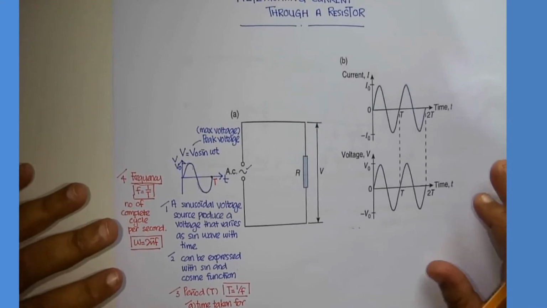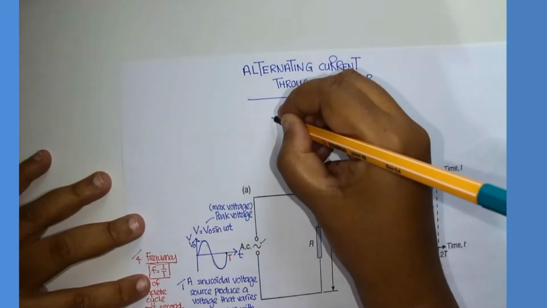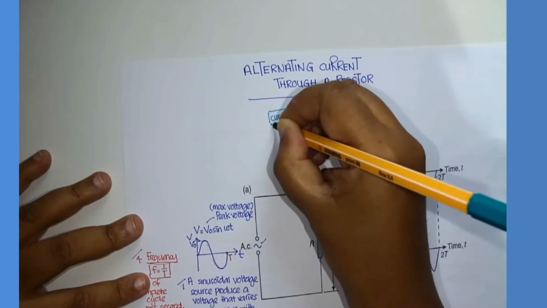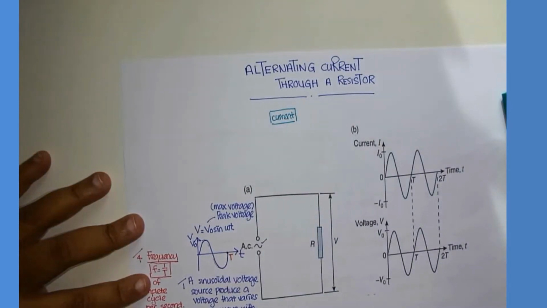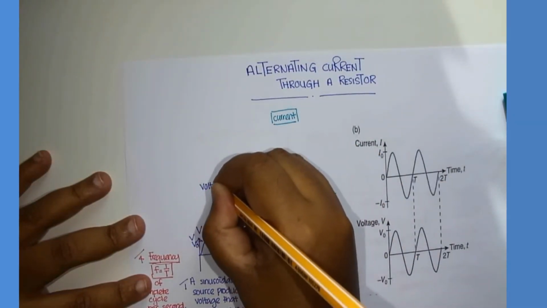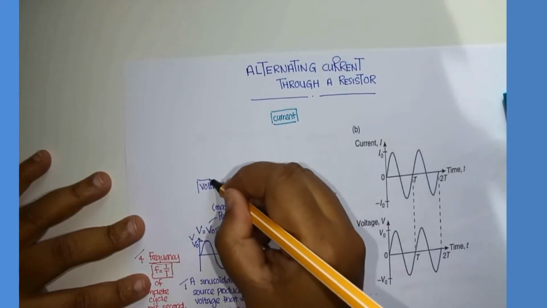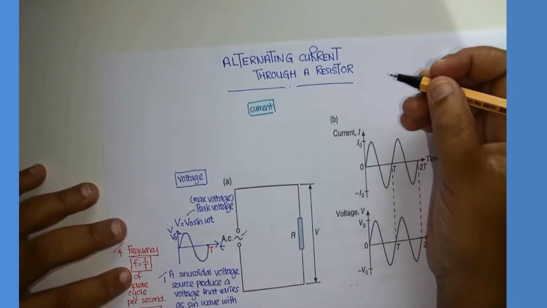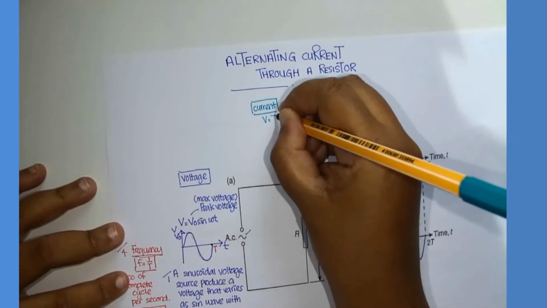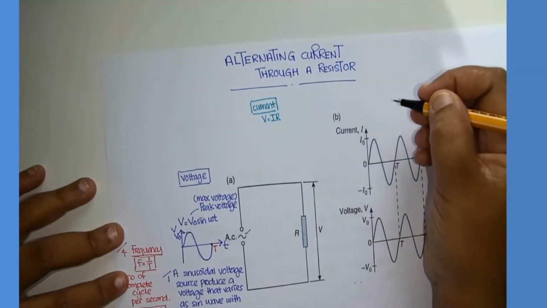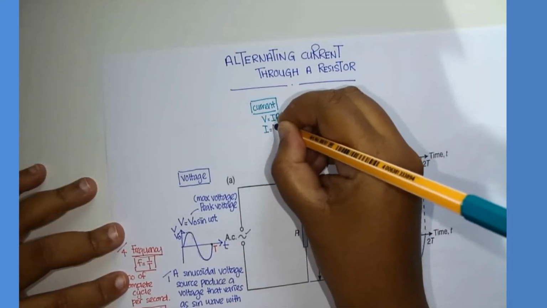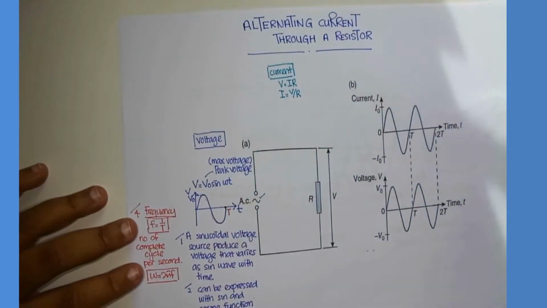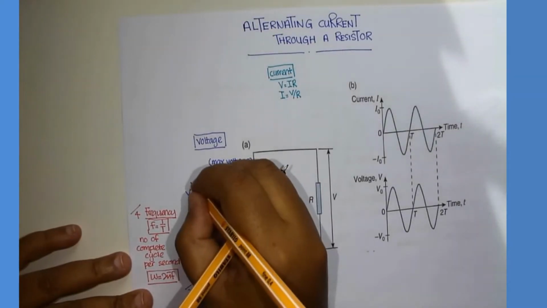The current in the resistor: we know V equals IR, so I equals V over R, and V is V naught sine omega t.